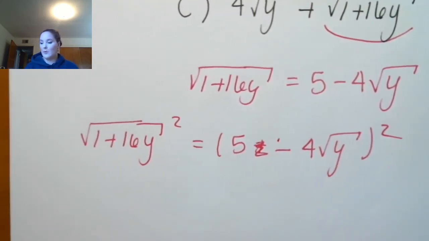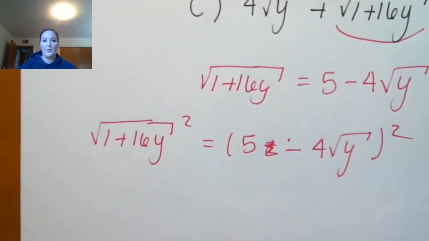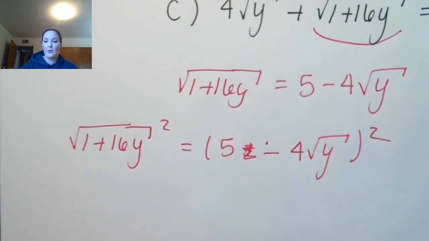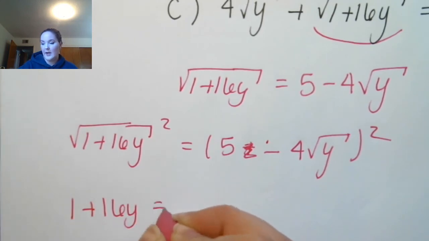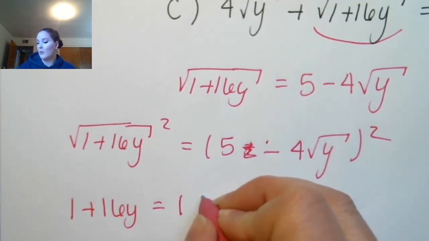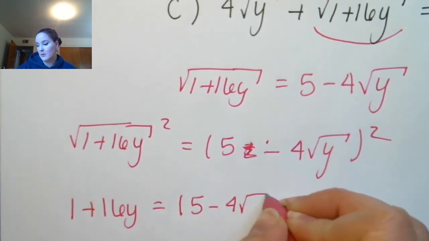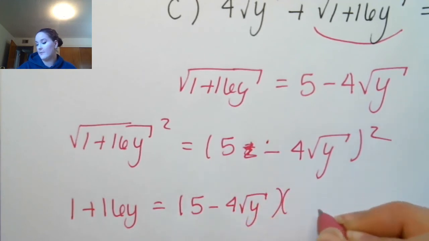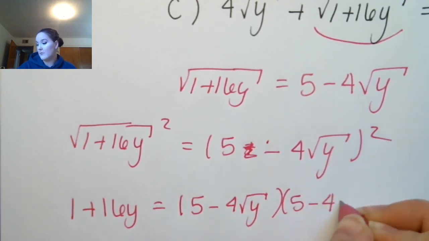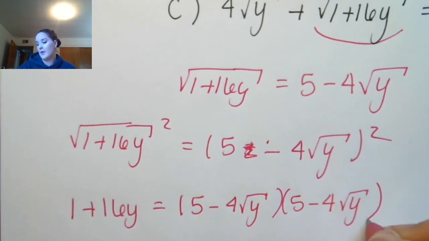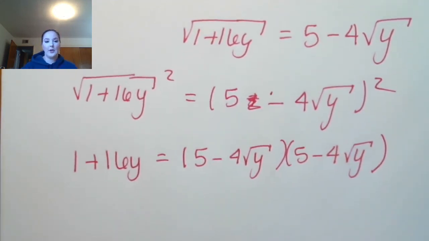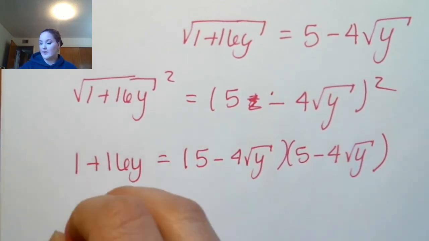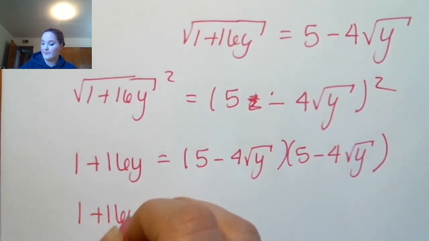Okay. Now remember, on this side, we do get that the square root and the square cancel out, so we'll get 1 plus 16y. Okay, and over here we're actually going to write out what we're multiplying. Okay. Now we're going to go ahead and multiply this out. This side is already simplified.